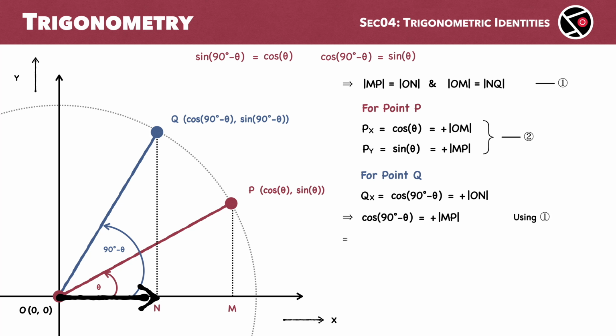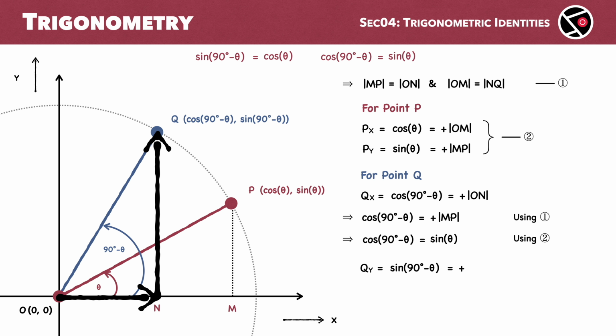So we have cos of 90 degrees minus theta equals sin theta. The y-coordinate is sin 90 degrees minus theta, which is positive and equals the length of NQ. Again, NQ equals OM.